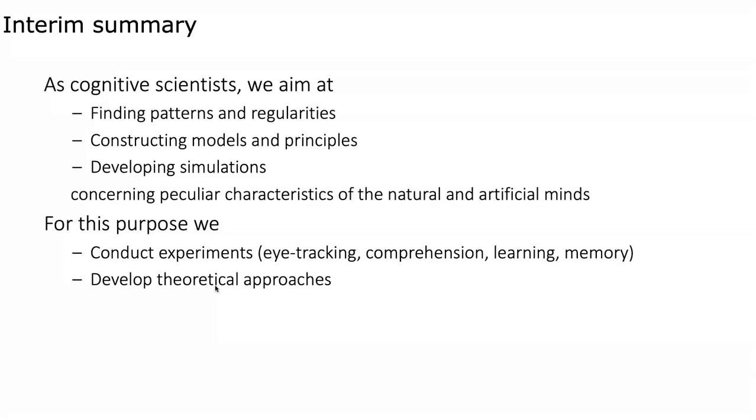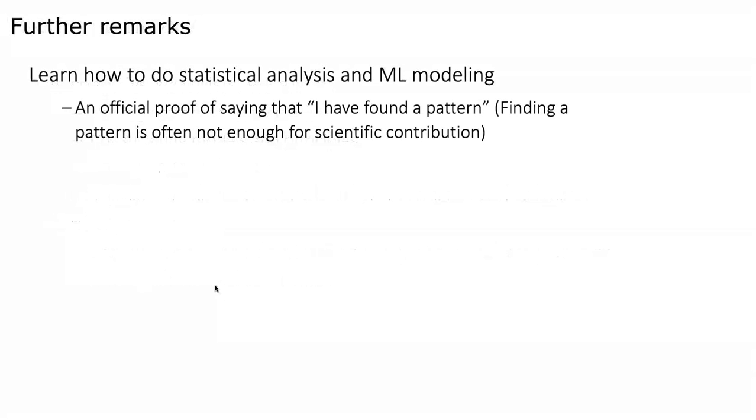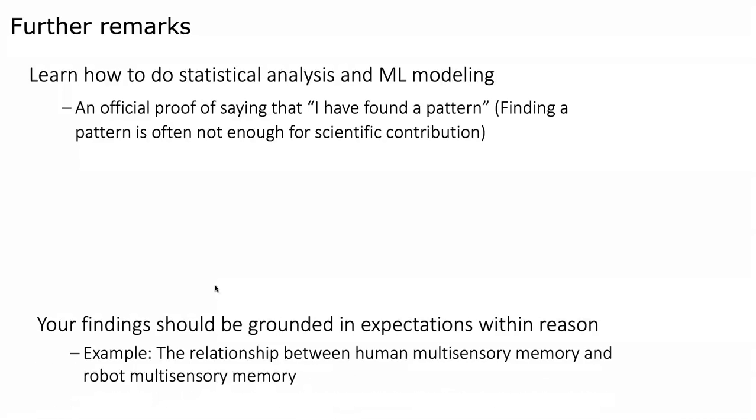For that purpose, we conducted experiments. Eye tracking experiments existed in that research, comprehension experiments, even learning and memory experiments. But of course, in the background, we always had a theory of how to represent conceptual structures in language, vision and so on. For this, your responsibility as candidate cognitive science researchers is to learn statistical analysis and machine learning modeling, because these are the tools that we employ for finding patterns.